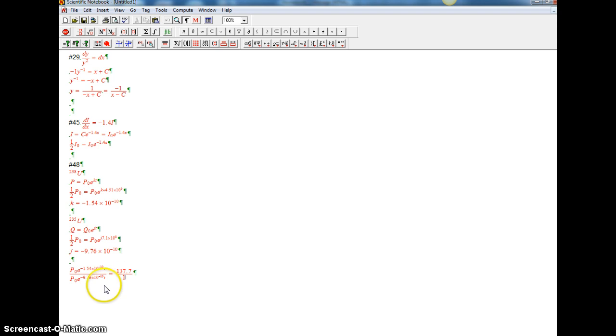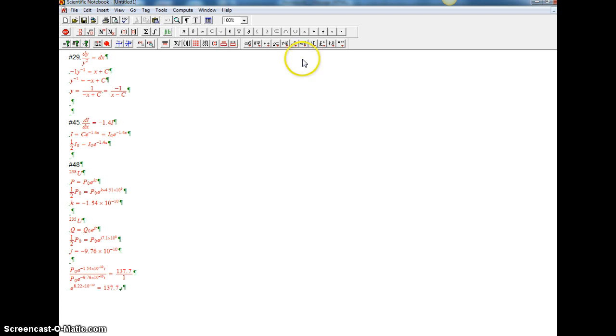All right, so to solve, notice these P0s cancel out, and then we're dividing two things with the same base so we can subtract the exponents. When you subtract the exponents, I got e to the 8.22 times 10 to the negative 10 t equals 137.7.